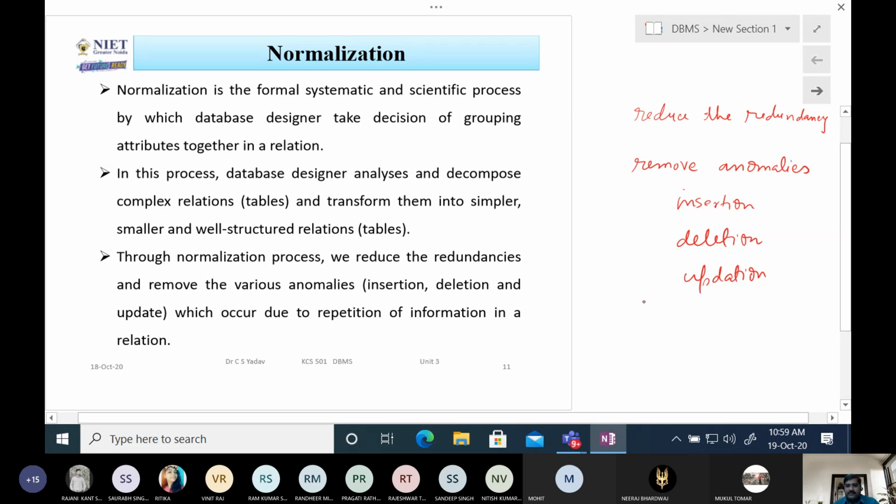This is an endless process, and we refine the normal form. But till date, if you decompose your database up to third normal form, then your database design is very good. The industry generally decomposes the relation up to the third normal form.